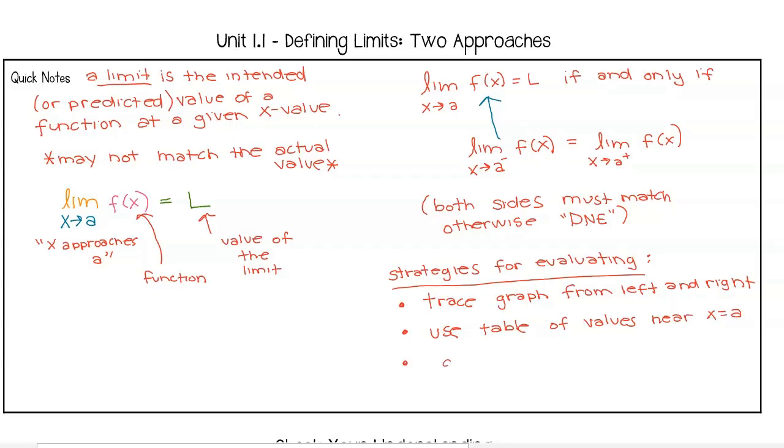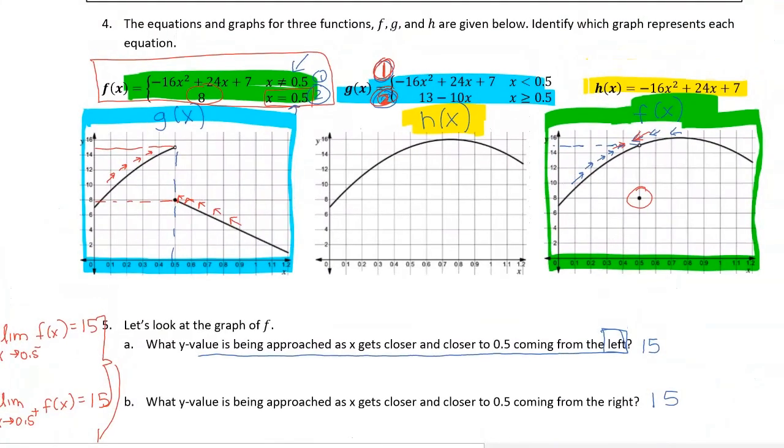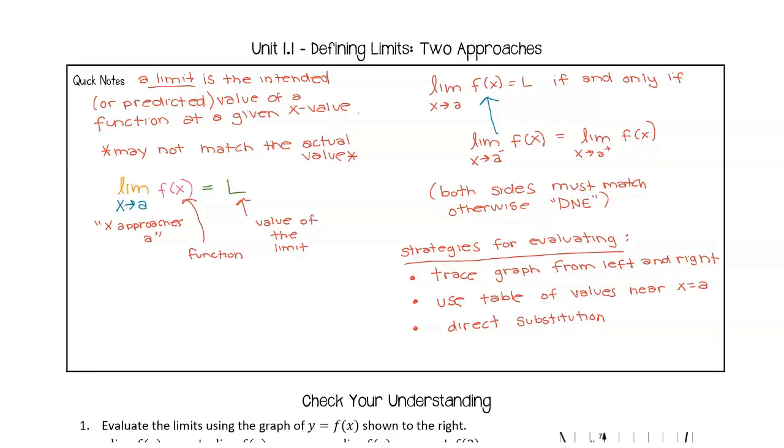Another method we can use, if we have the formula, is direct substitution. This is where we plug the value into the function. We saw that with our piecewise function, where we plugged these values into each branch of the function.